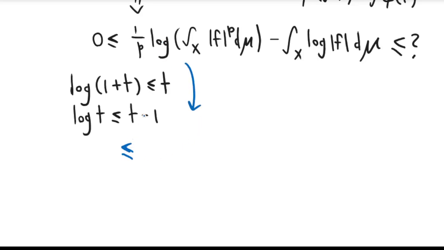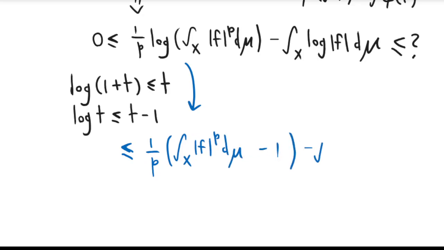This is bounded above because here we have the log of an integral, so we can bound it above by that integral minus 1. So we have 1 over p integral absolute f to the p d mu, subtract 1 from that, minus this integral right here. Okay, so if we can show this goes to 0, then we are done, because it'll imply that this expression right here goes to 0.